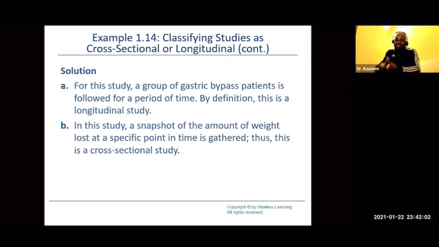Here it doesn't go to these patients repeatedly, more than one time. No, that's a cross-sectional study. And that was why I said in my response that in this study, a snapshot of the amount of weight loss at a specific point in time is gathered. So thus, this is a cross-sectional study. I just wanted you to be able to see the difference between the cross-sectional study and a longitudinal study.